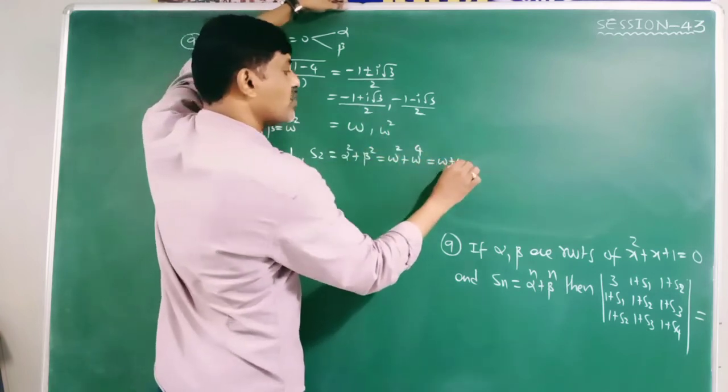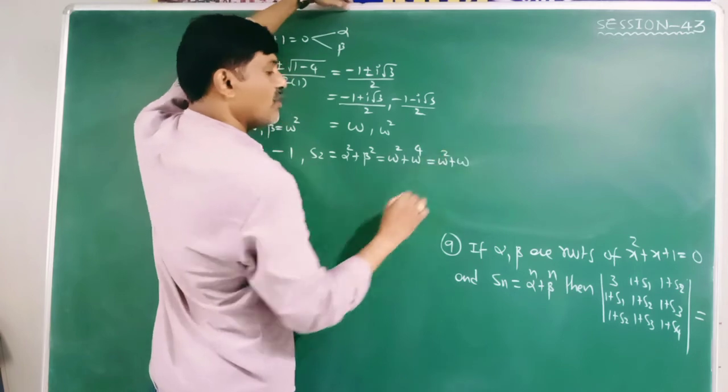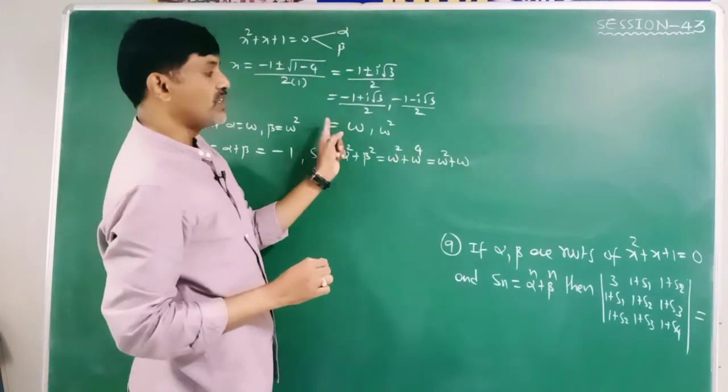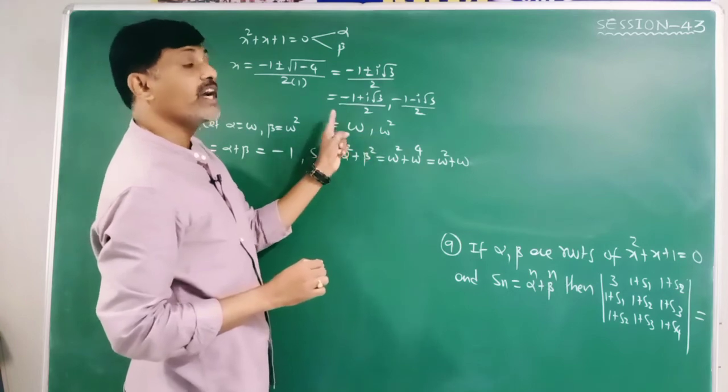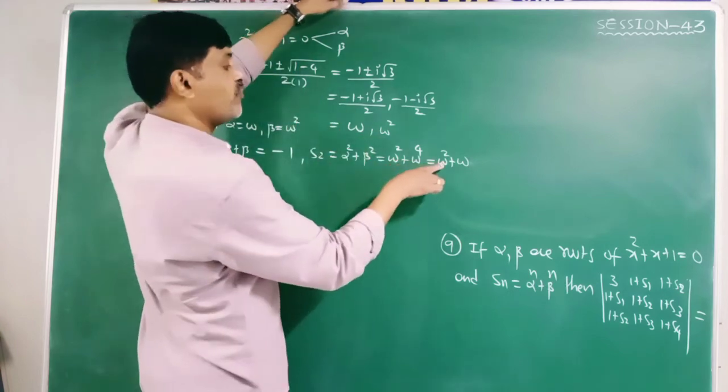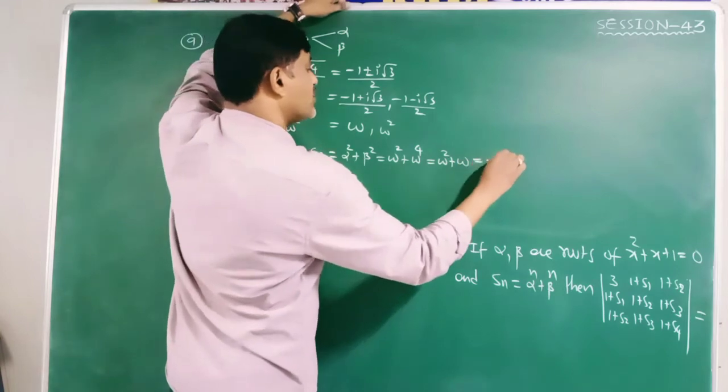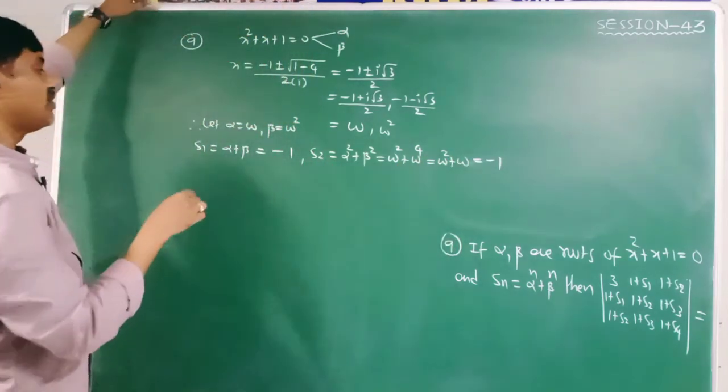Omega power 4 is omega. Why? Because omega cube is 1, you know very well. 1 plus omega plus omega square is 0 and omega cube is equal to 1. Now omega square plus omega value is minus 1. S1, S2.